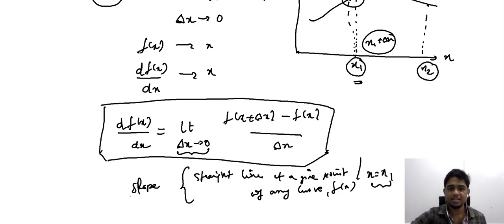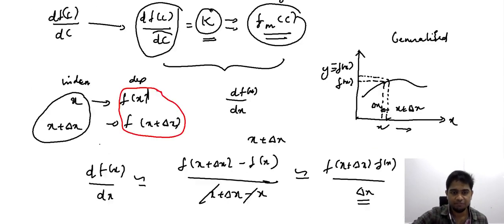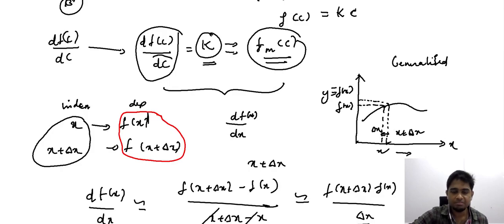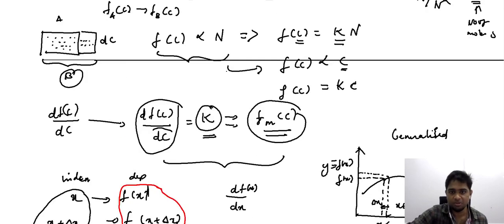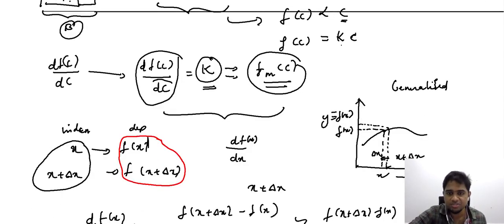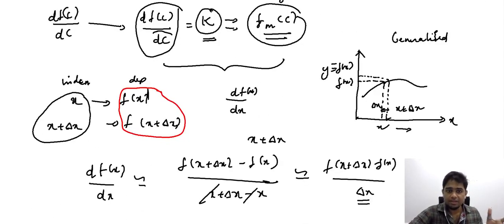So the derivative assumes a straightforward role. The derivative becomes a constant, because the free energy increases linearly and proportionately with the concentration.